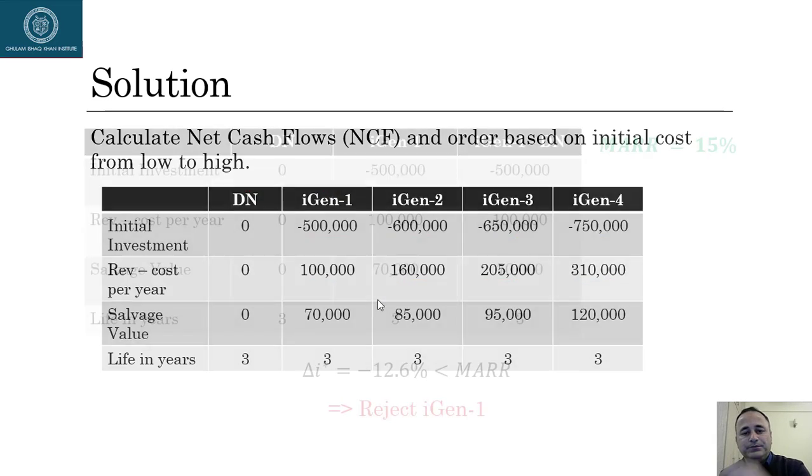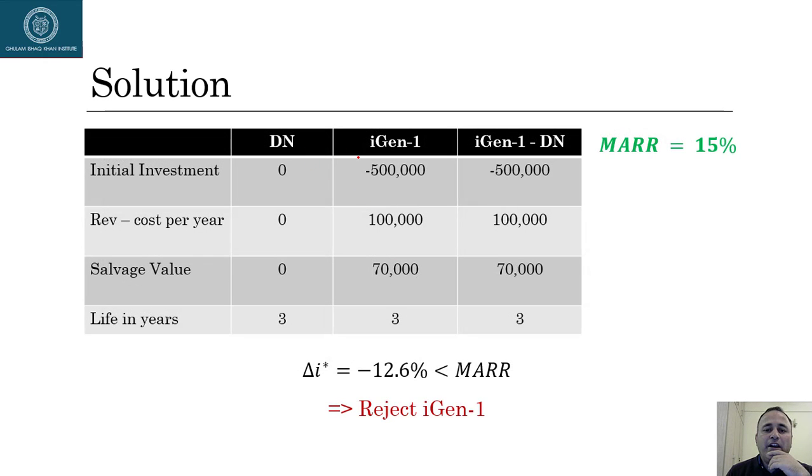Let's do that. If I compare iGen 1 with do nothing, the incremental cash flow is this number minus this number, so it will be exactly the same cash flows. Once I calculate the IRR, and I'll show you how on Microsoft Excel, again super easy, the IRR is 12.6%, and it's with a minus sign.